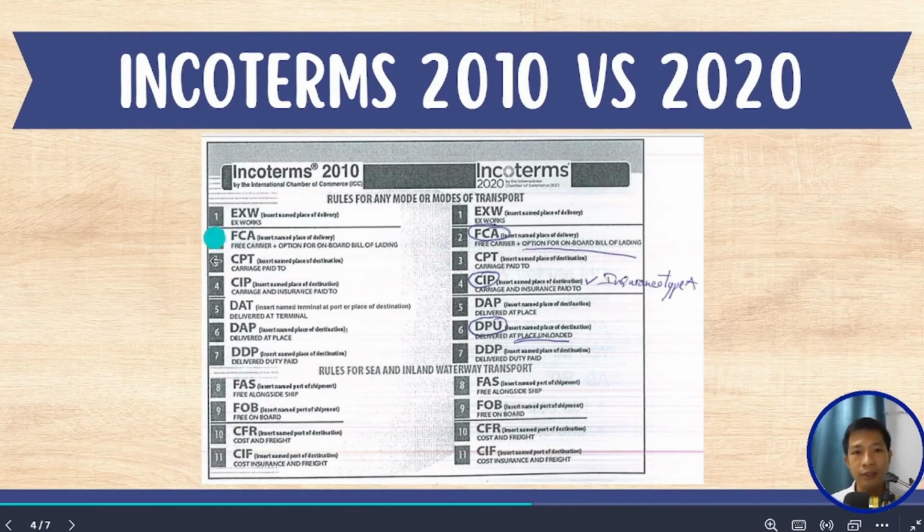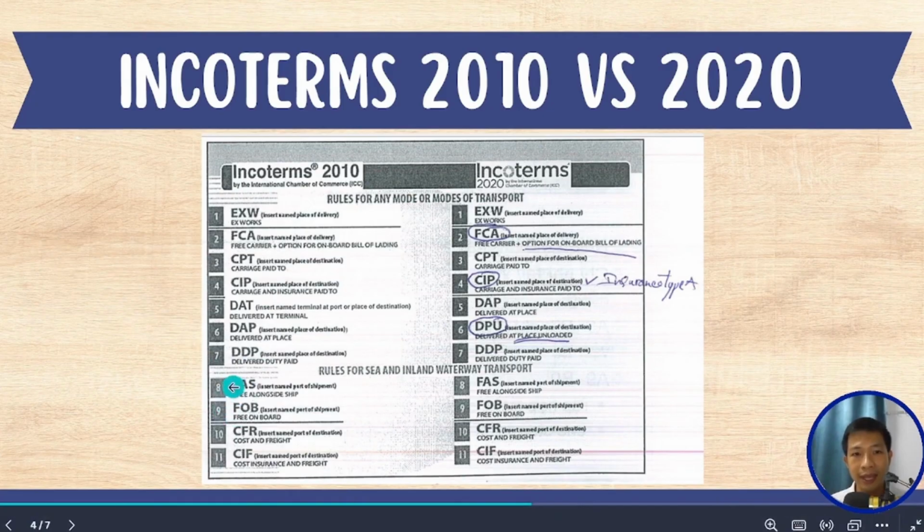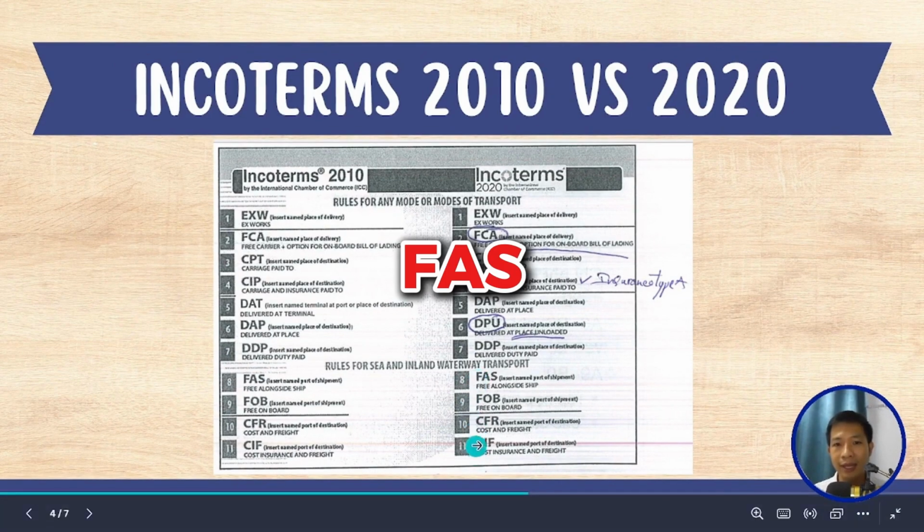Among them, there are 7 terms intended for any mode of transport, whether by sea, air, or land. The last 4 terms are delivery methods under Incoterms specifically for sea transport, which include FAS, FOB, CFR, and CIF.